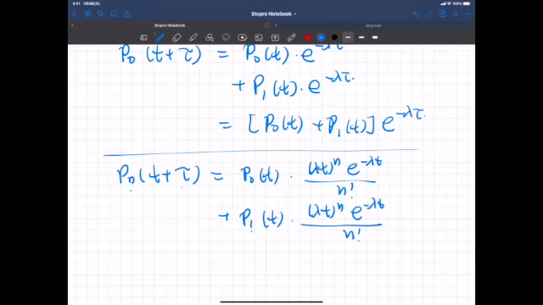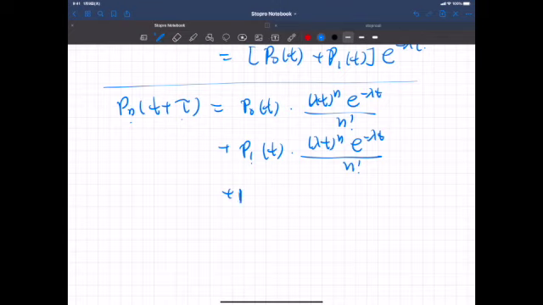Or there could be 2 customers at time t, and one customer surely leaves during the duration of time tau, and so there should be n minus 1 new customers arriving.